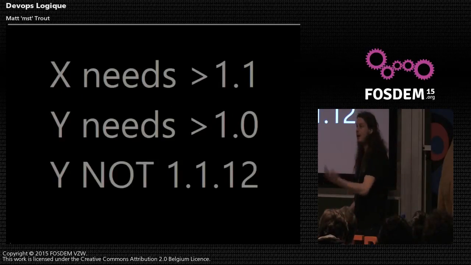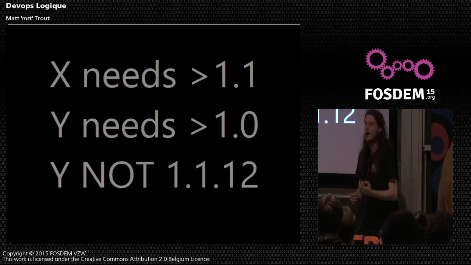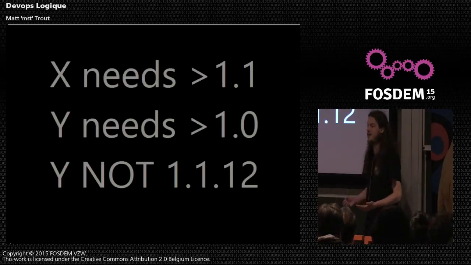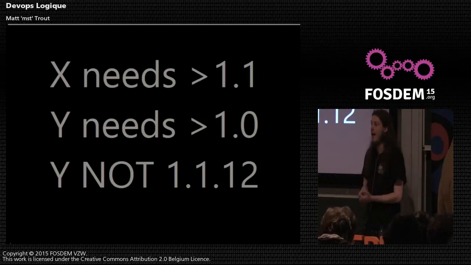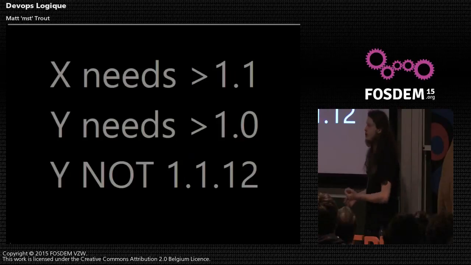But if there's a bug in 1.1.12 that breaks Y, you now have a slightly more complicated situation. So at that point, what you want is something that can go, well, in that case, we should install 1.1.11 because that's fine for X and doesn't trigger the bug that will break Y.